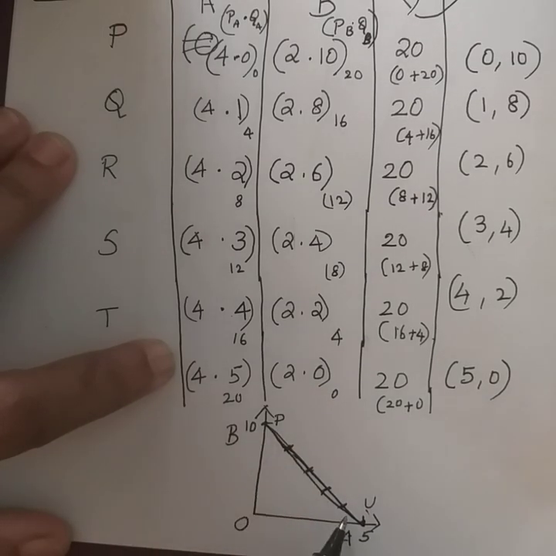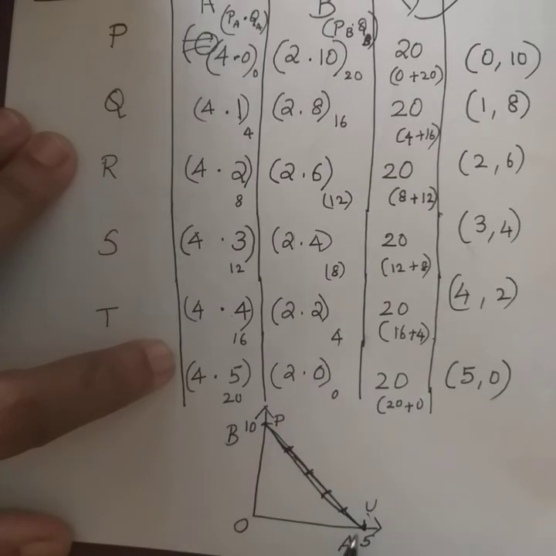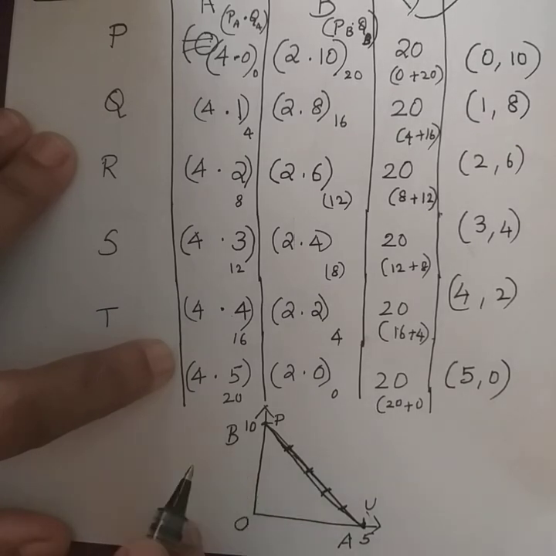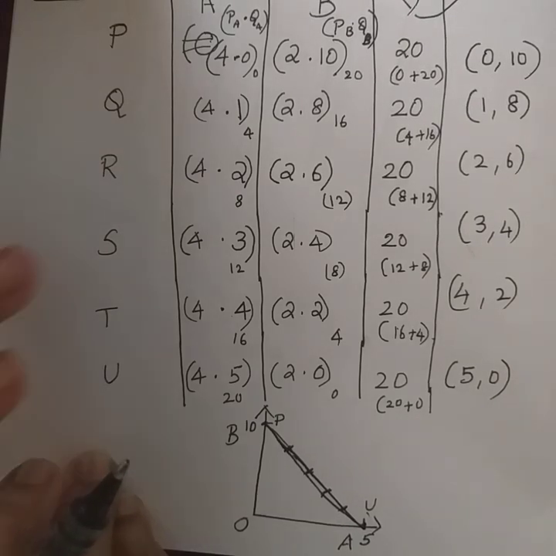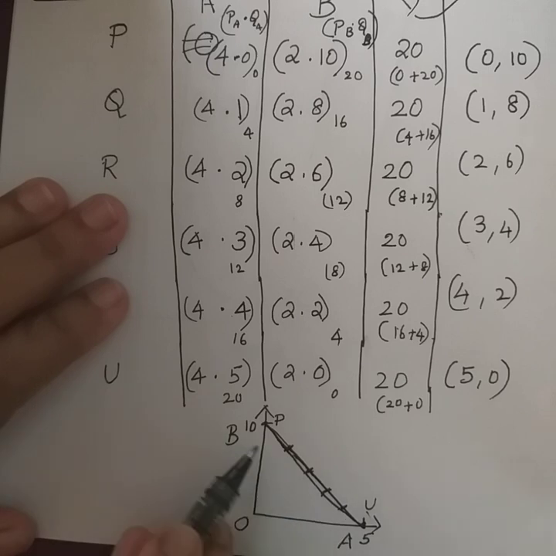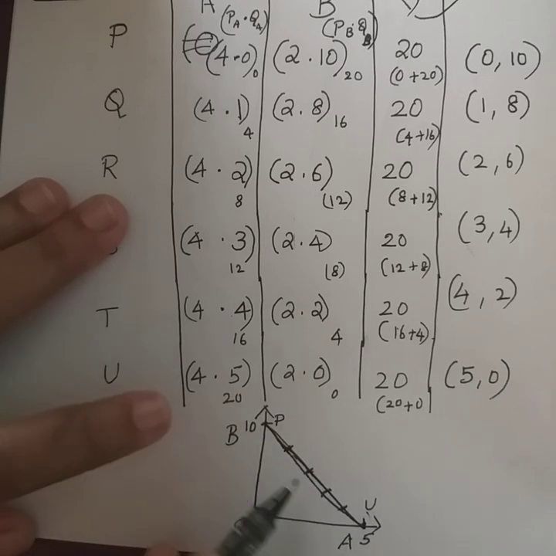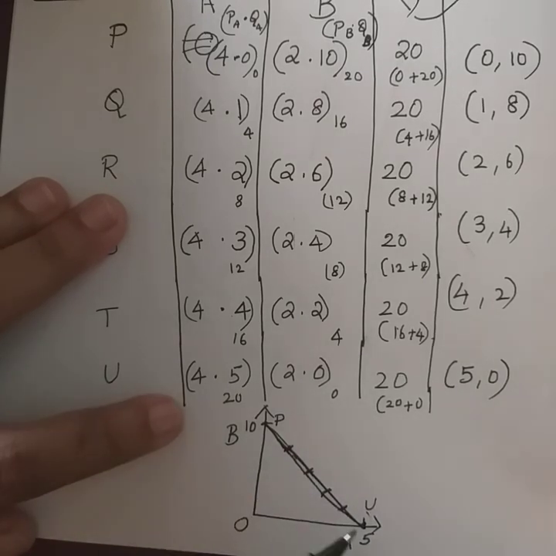So either on the budget line or within this attainable area AOB is what is the budget set combinations. Budget line combinations are those which exactly fall on the income line or the price line or the budget line.